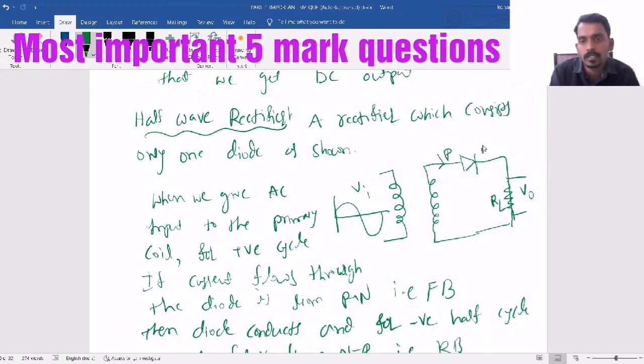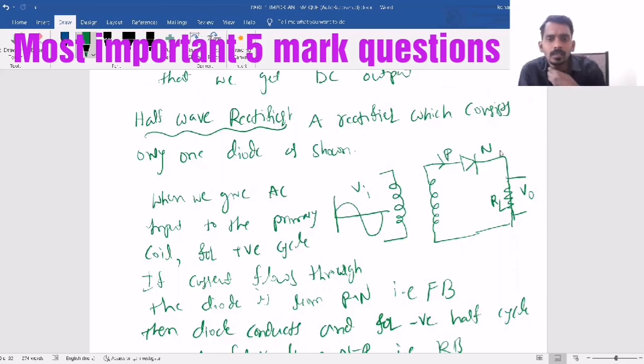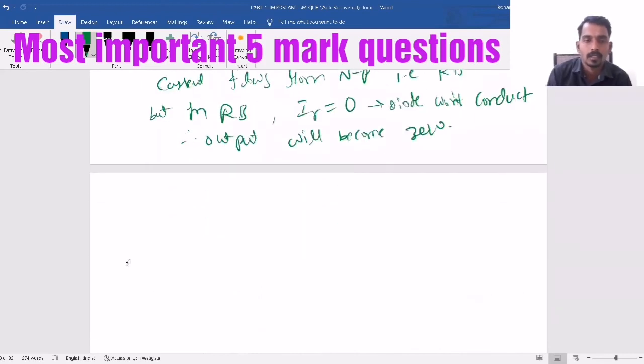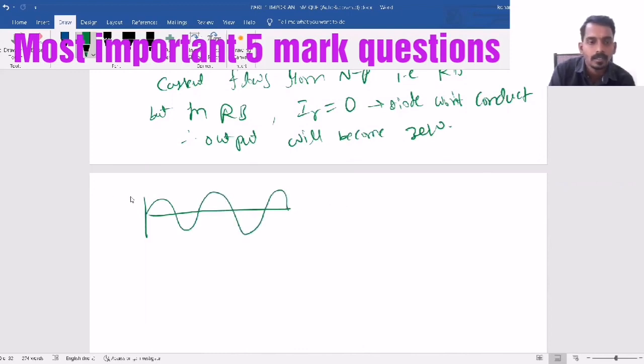So just like, see here first the current is flowing through this one. Now this is the P terminal, this is the N terminal. When current is flowing from P to N, the diode is said to be in forward bias. Then the current is due to majority charge carriers, so a large current will come. Then we get the output across the load resistor. If this is the input, then this is the output: only the positive cycle will come out, but the negative cycle will not come out.